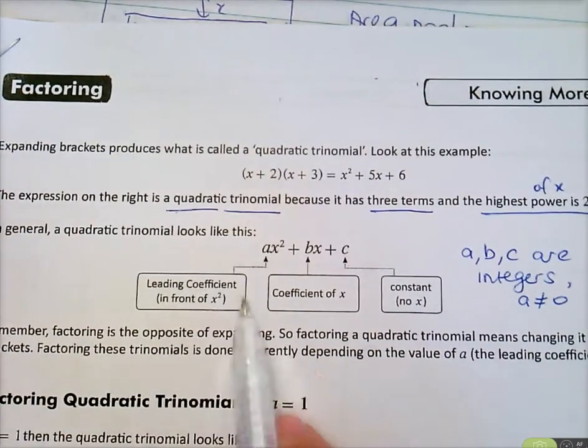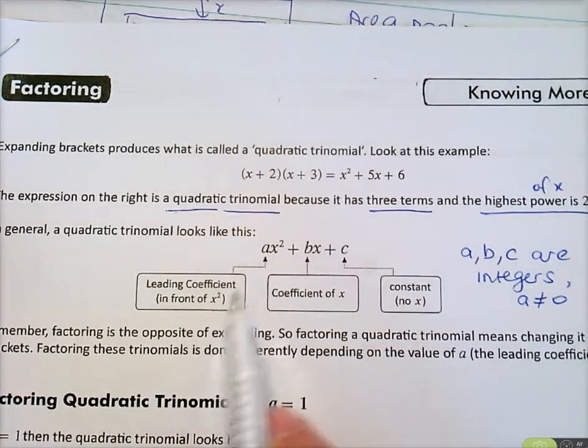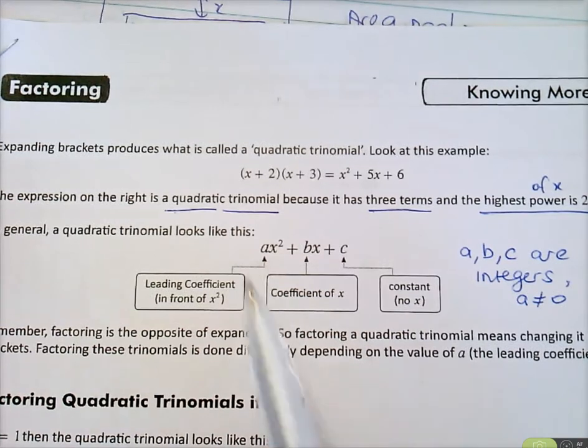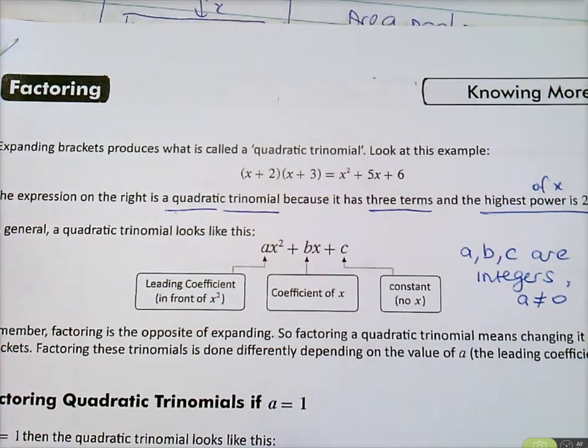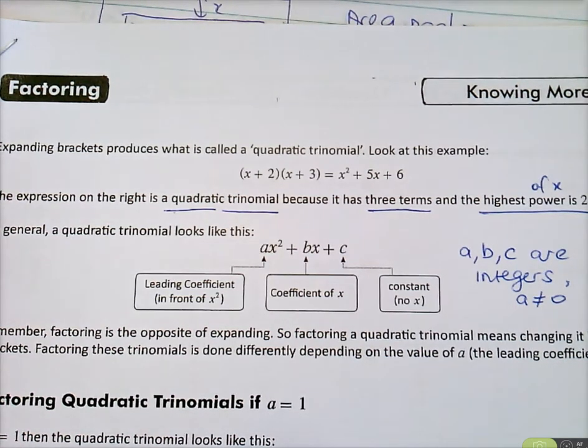Okay? So here, a is the leading coefficient. It's the coefficient of the x squared. Why is it called leading? Not only because it's the first one. That's actually not the reason. It's because the highest power is x squared. So when you write trinomials, you always write the highest power x squared, then the x term, then the constant. Everything's got protocol. Like when you're writing ABC, we don't write BCA.